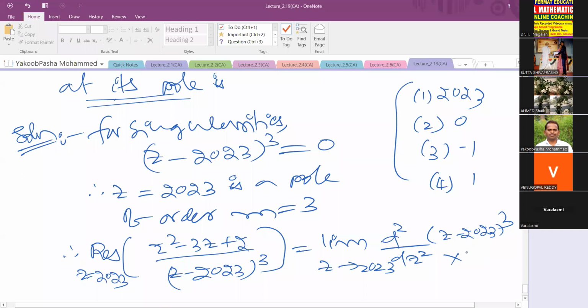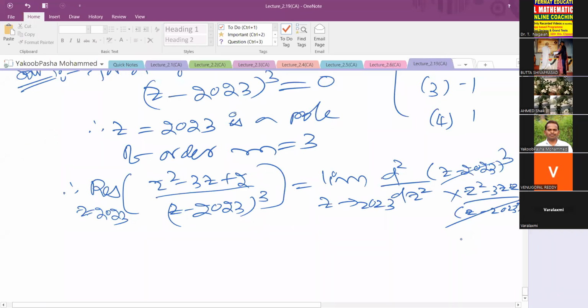F of z is here (z square minus 3z plus 2) divided by (z minus 2023) whole cube. These two are cancelled. Whatever you take other than 2023, it cancels.